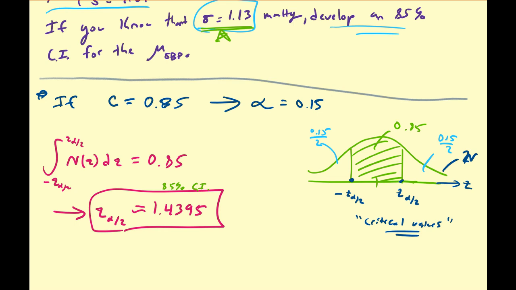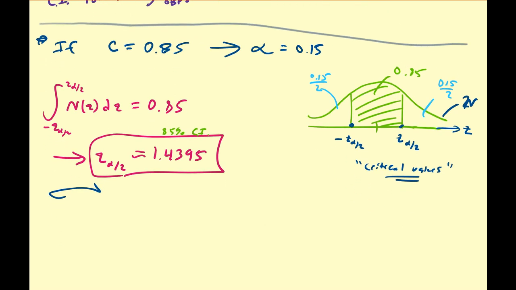All right, so from here, what do we do? So now I'm going to calculate the margin of error for my confidence interval. So recall that the margin of error for a confidence interval, if you know sigma, is going to be equal to the critical value times the standard deviation of the population divided by the square root of n.